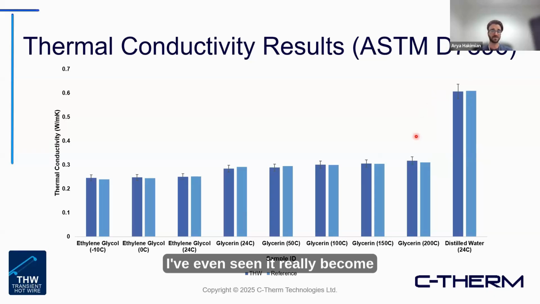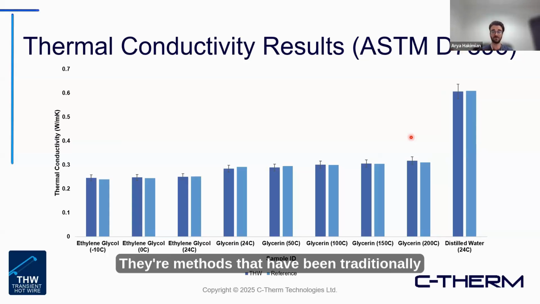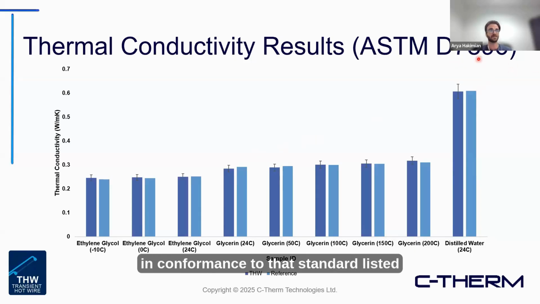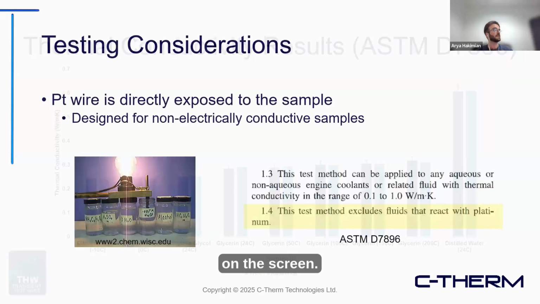I've even seen it become highlighted in immersive cooling and AI and server data centers. Methods that have traditionally been used for liquids are really gravitating into that space as well. You can see some performance data on a variety of different materials, as a function of temperature, in conformance to that standard listed on screen.